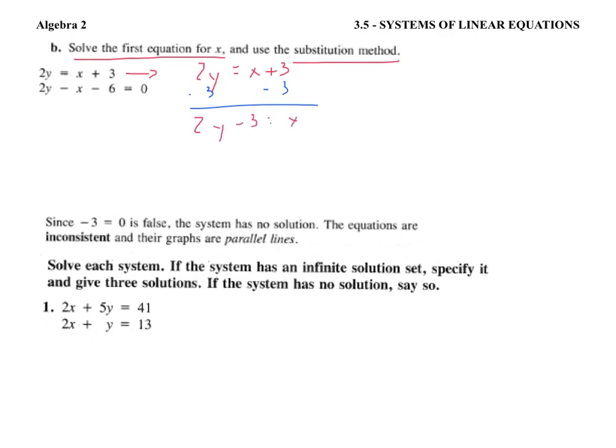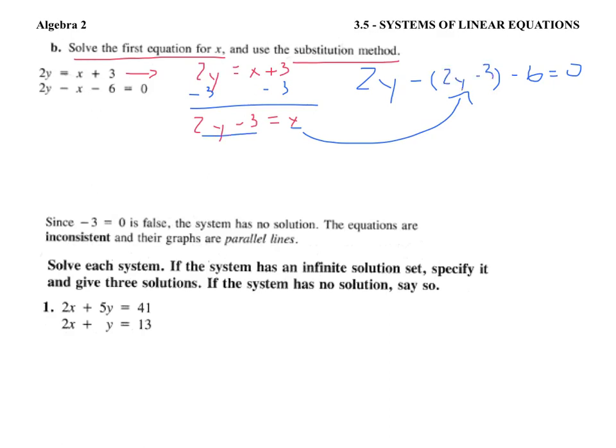I'm going to take this equation I just got here, going to plug it in for x on the second equation. So to write that out, I take 2y minus x, put a parentheses there, minus 6 equals 0. Well, x is here. That's what would go there. That means we're going to plug that stuff in there.